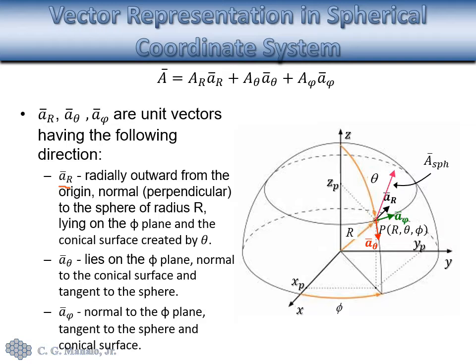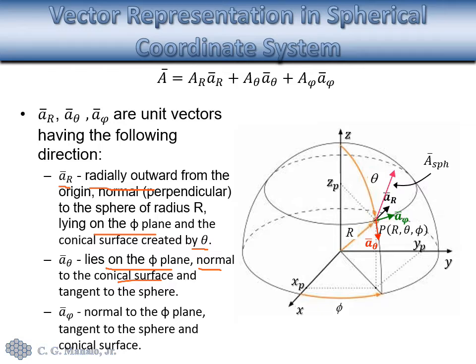So a sub R here is directed radially outward and tangent to the sphere, and also lies along the phi plane and the conical surface created by the angle theta.